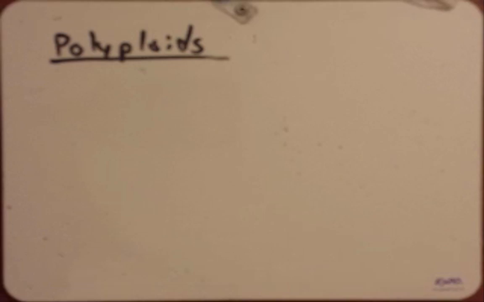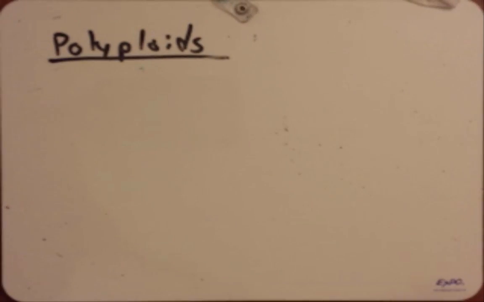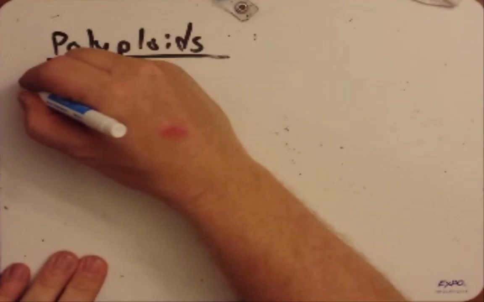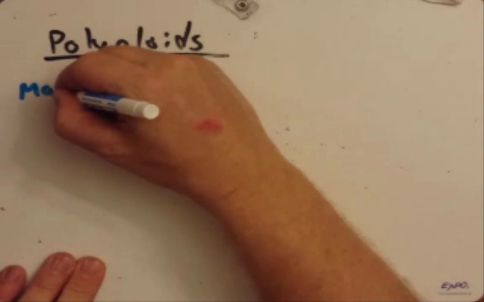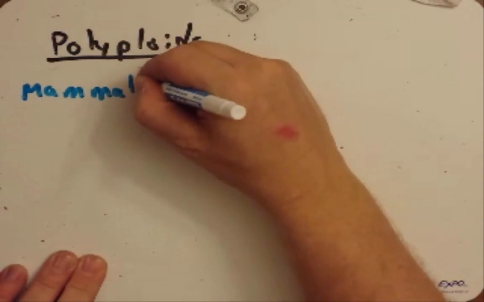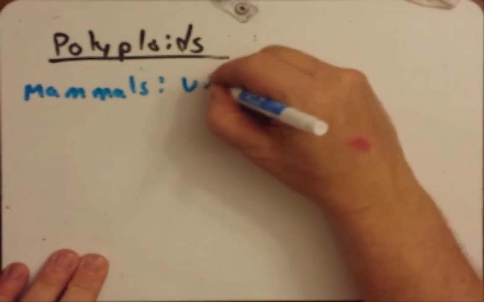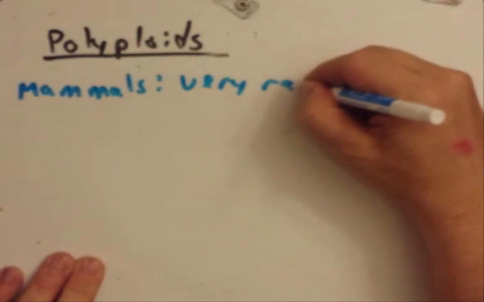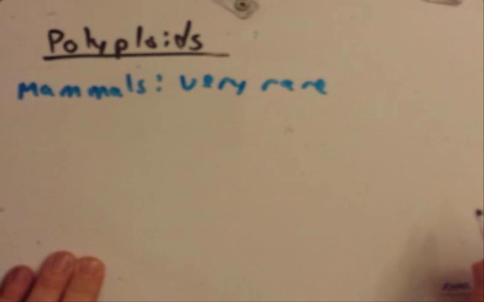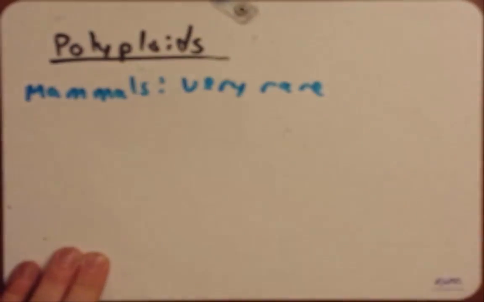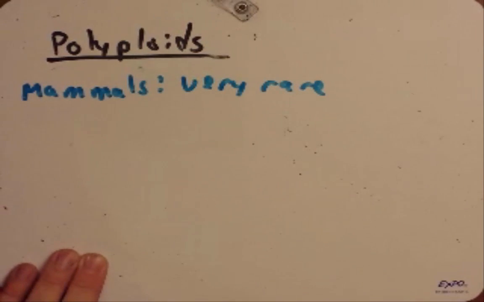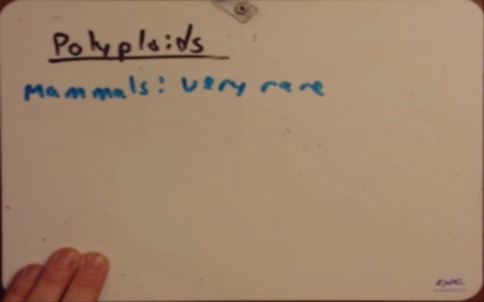Alright, I'd like to now just mention some observations about polyploids and what kind of organisms we see them in. Now, mammals, I'm going to put very rare. And some would say never. There's only one species of a rat that's been found in Argentina that some believed was a polyploid.